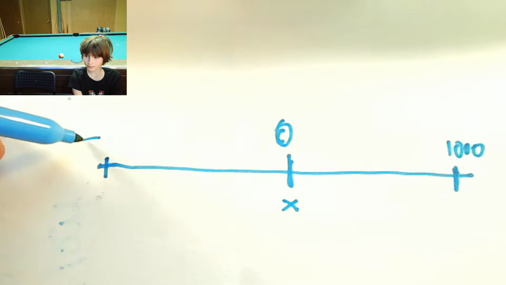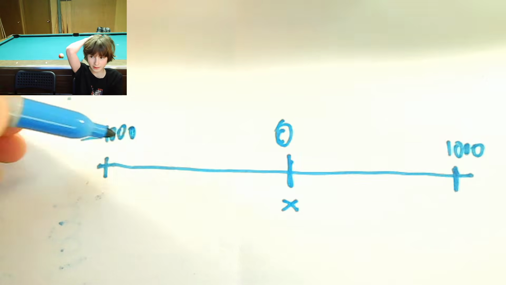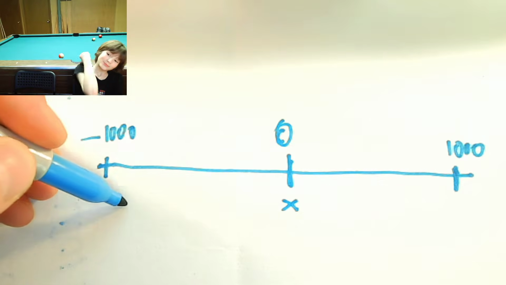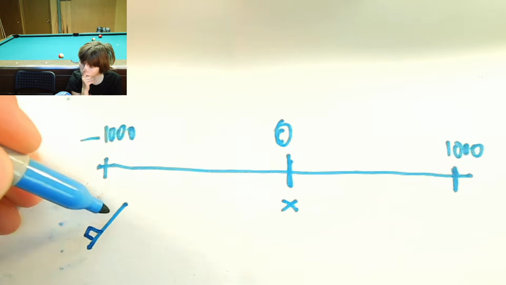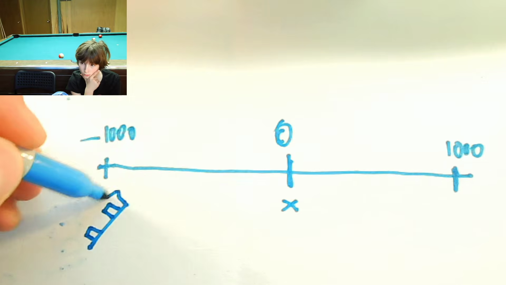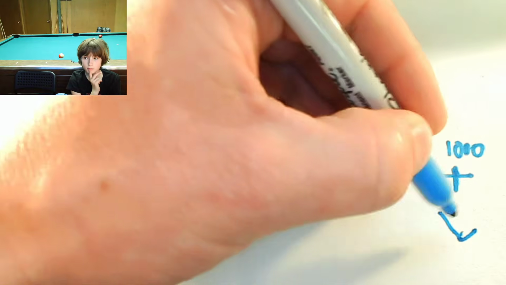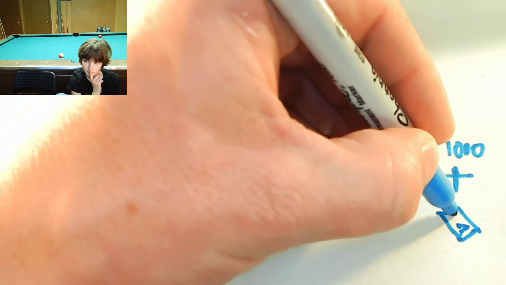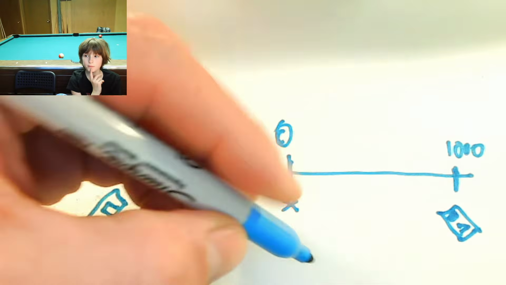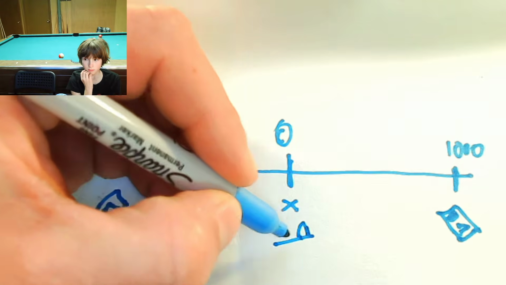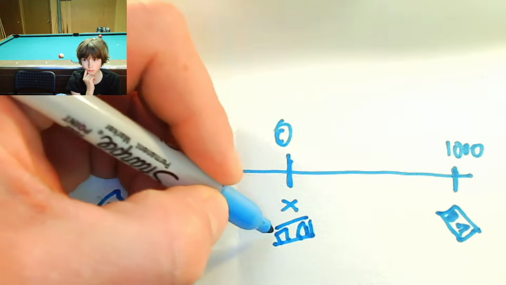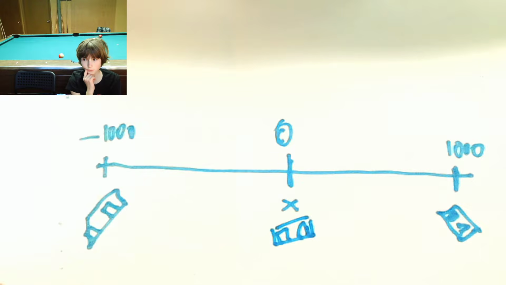And you've got -1,000. And this is when your microbit is tilted on the left, right? And this is when your microbit is tilted on the other side. And then this is when it's flat. Does that make sense? Yeah.